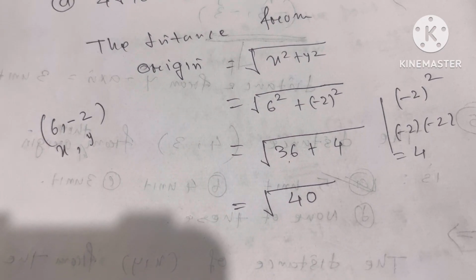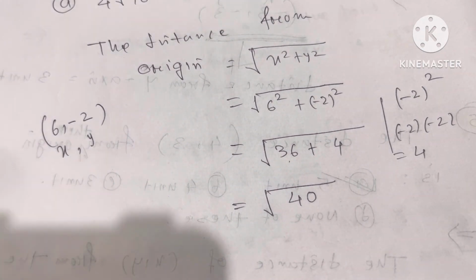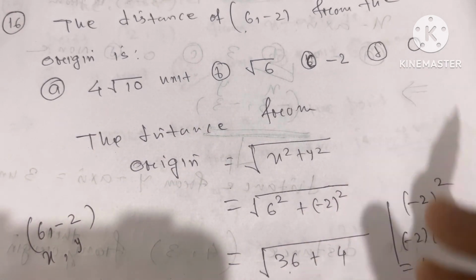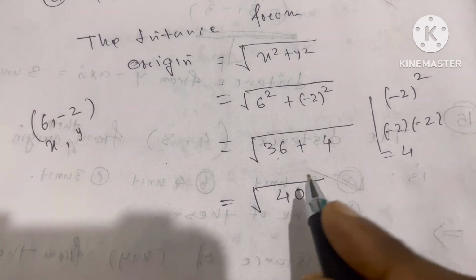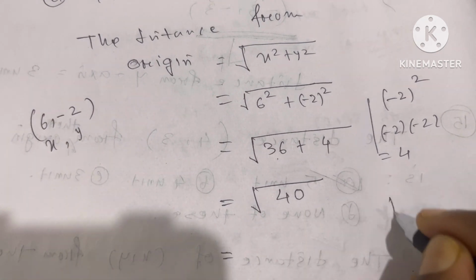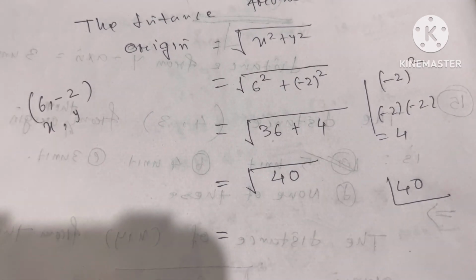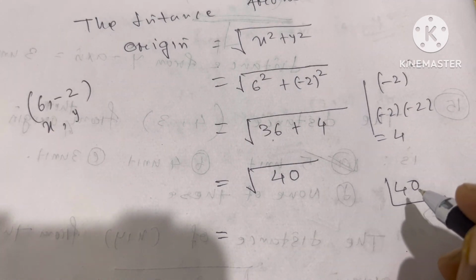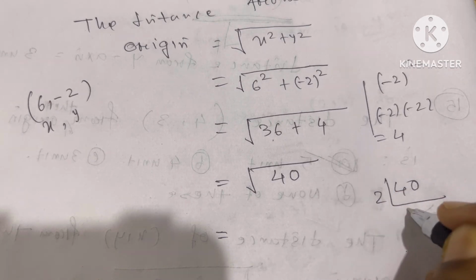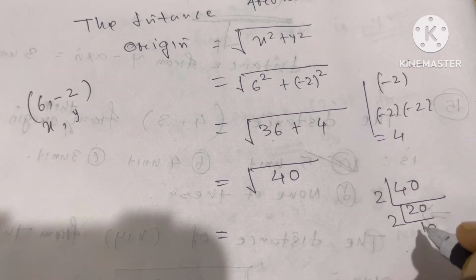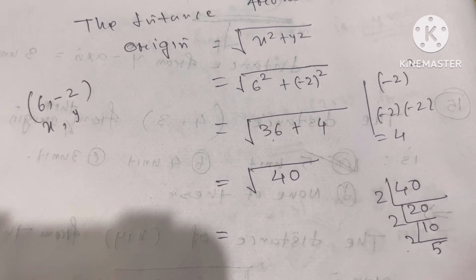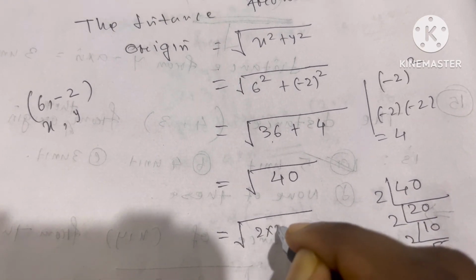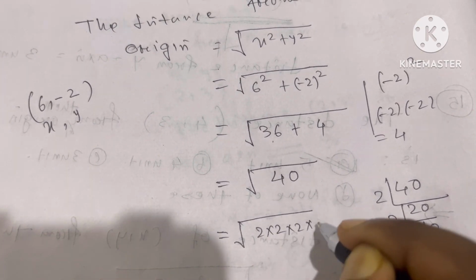So the answer is 40. But in the options there is no 40 here, right? So what will we do? We have to factorize, because we want to simplify more. If you factorize 40, 2, 20, 2, 10, 2, 5, you will get 2 into 2 into 2 into 5.